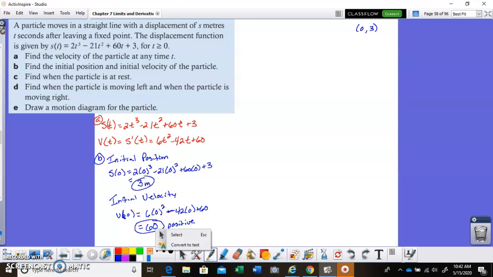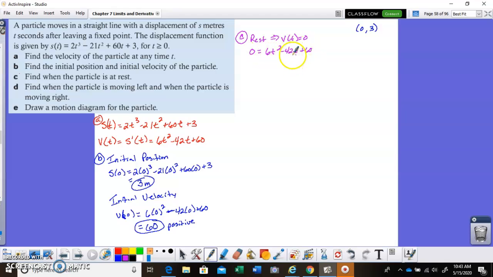Okay, so then the next question says, find when the particle is at rest. So for part C, we know rest implies that the velocity equals 0, and we're looking for times. So we have 0 equaling our velocity function, which is 6t squared minus 42t plus 60. I see a quadratic.